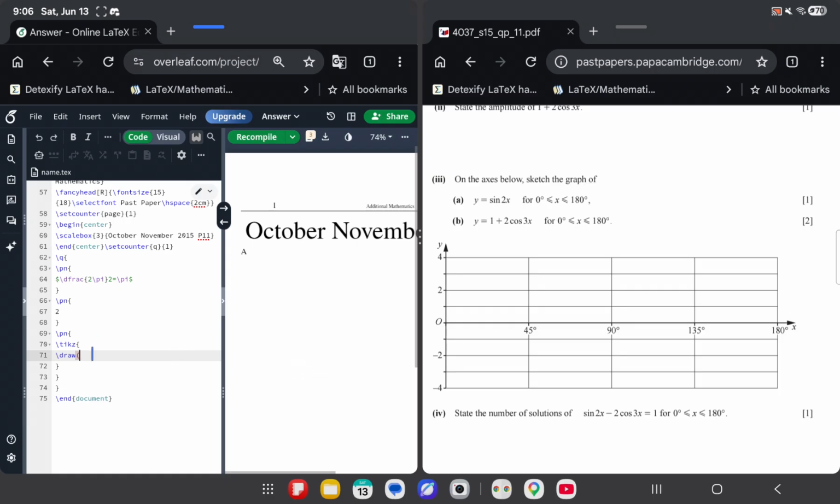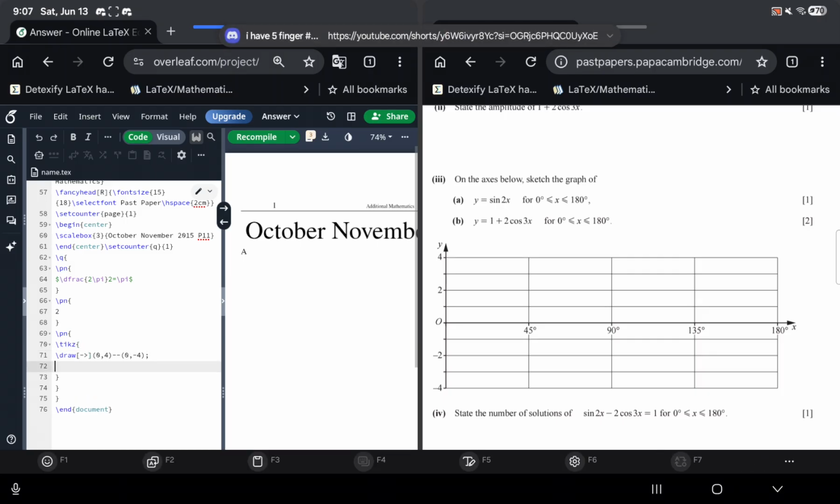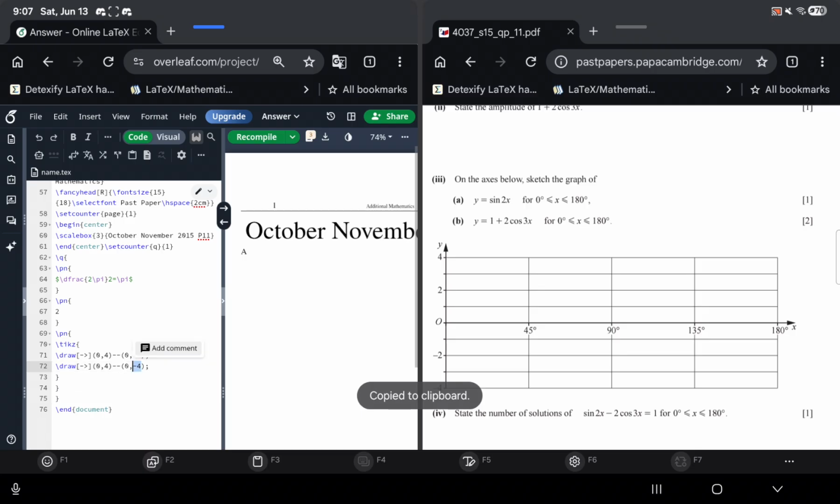We know this is from -4 to 4. I think it is 1 centimeter. Let's take that. 4, 0 to 4 to 0 to -4 of like so, and we need to draw this again from 0 to this value.